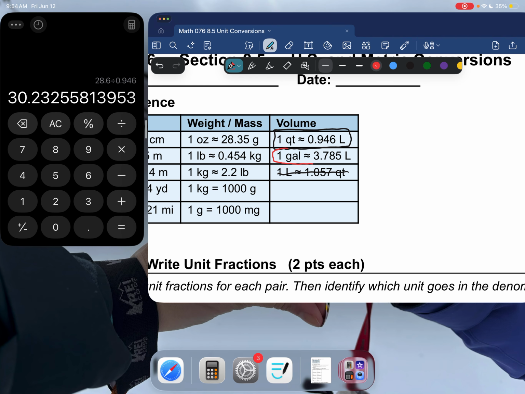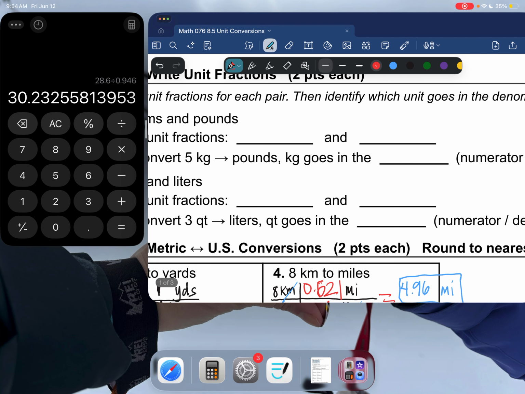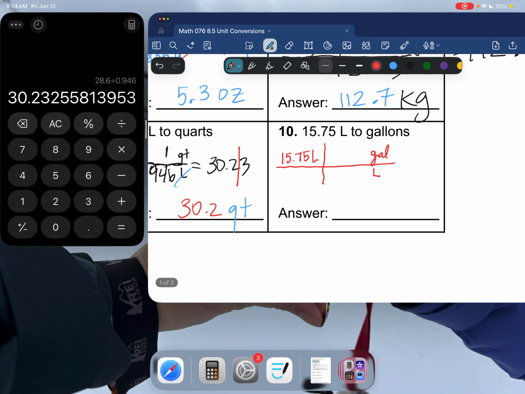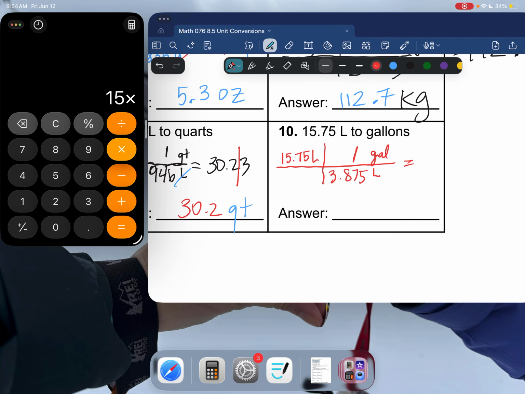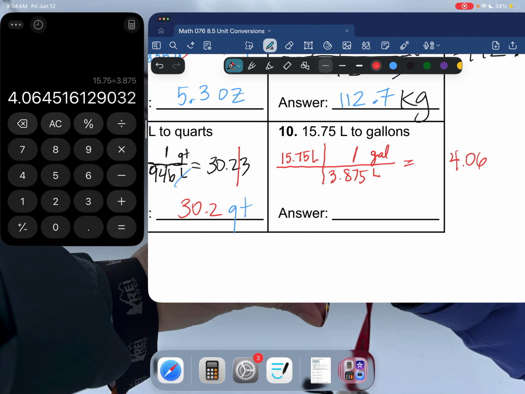1 gallon equals 3.785 liters. Then I'm going to multiply out, and I get 15.75 times 1 divided by 3.785, and I get 4.06 and change.